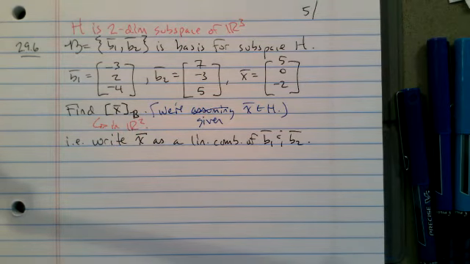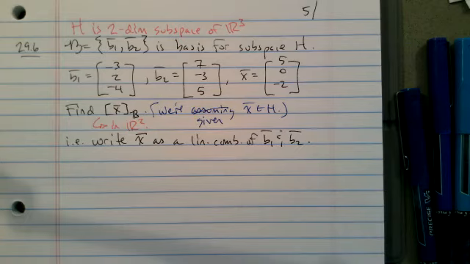This does not mean that H is equal to R2, because the vector 5, 0, -2 is absolutely not able to be in R2. It's got 3 entries. It can't be in R2. It just can't be there.